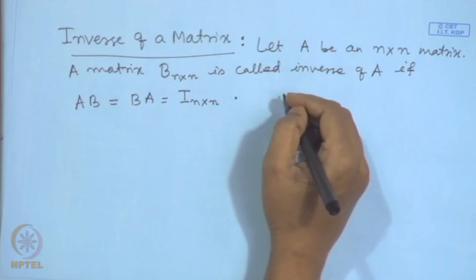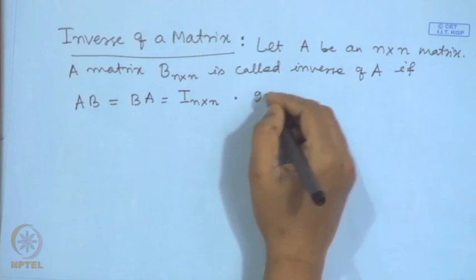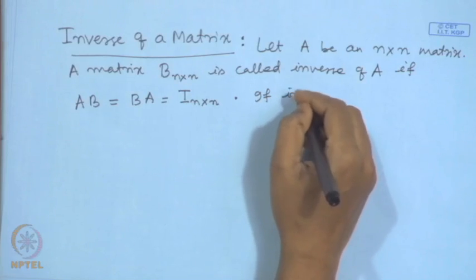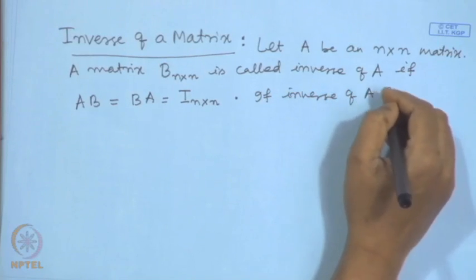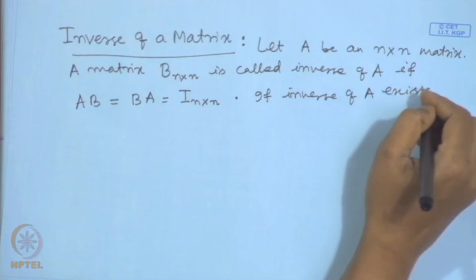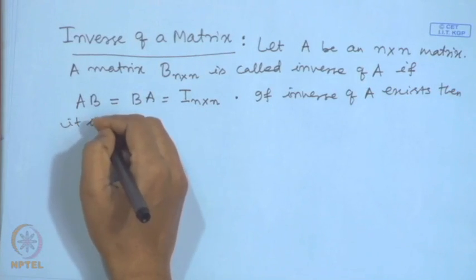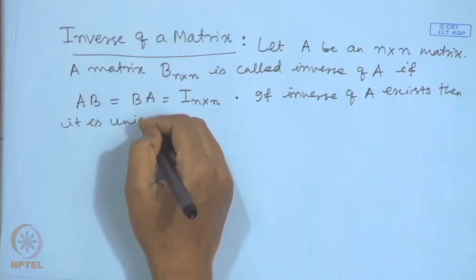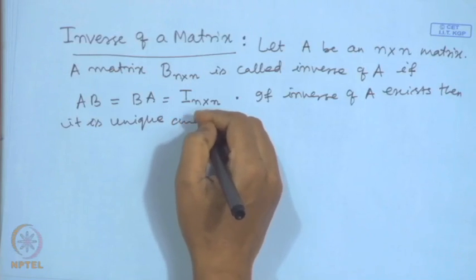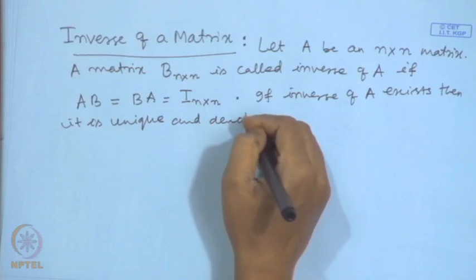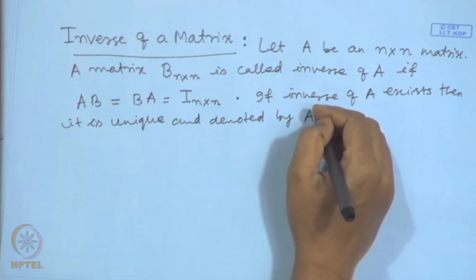If the inverse of a matrix A exists, then it is unique and denoted by A inverse.